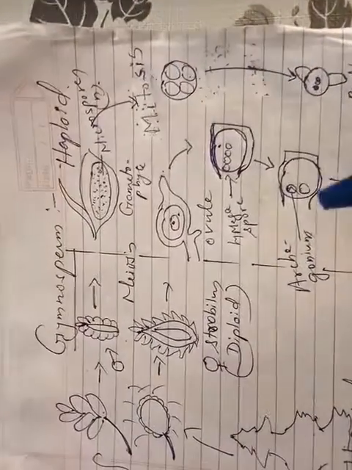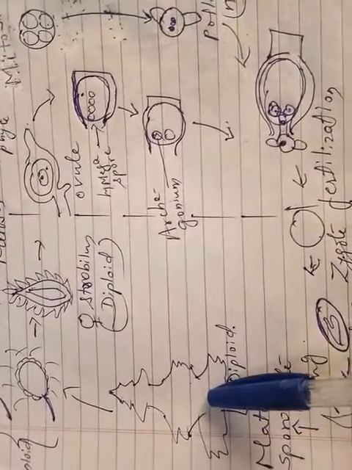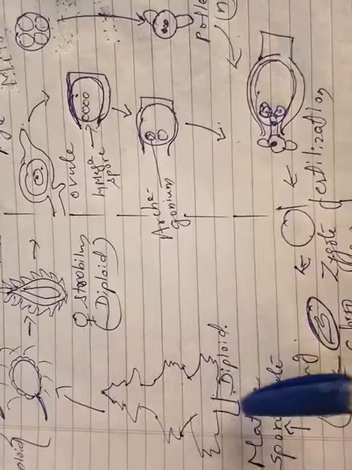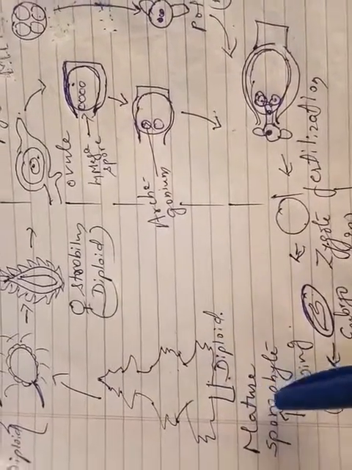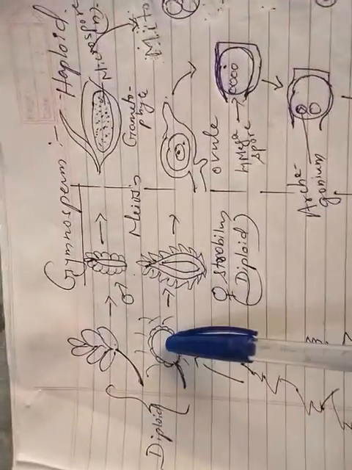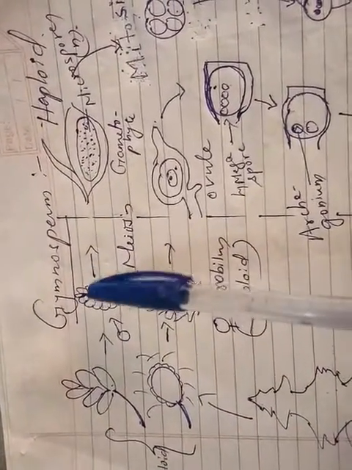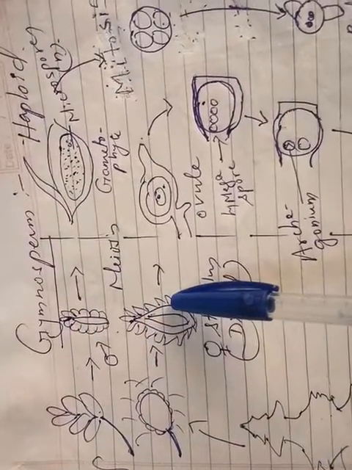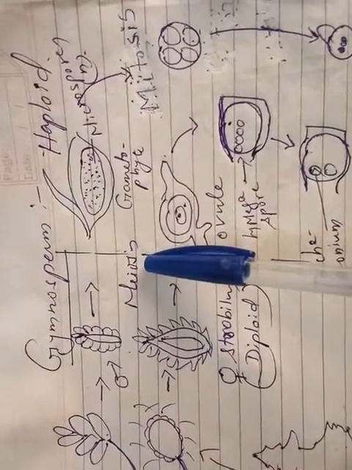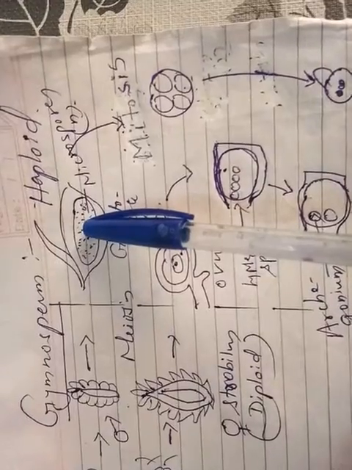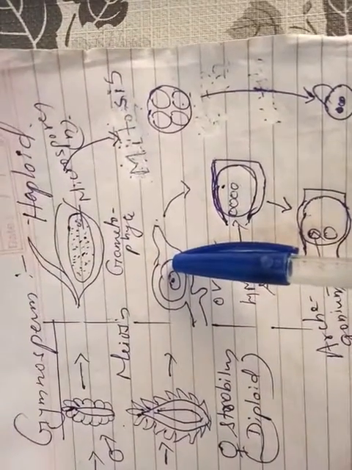Let us see the life cycle of gymnosperms with the help of this diagram. This is the sporophytic stage, with root, stem and leaves, which is diploid. The mature sporophyte has male cones and female cones. The microsporangia and megasporangia undergo meiosis, giving rise to the male and female gametophytes.